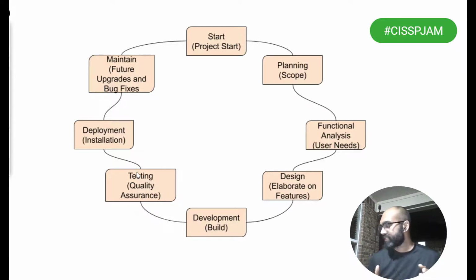Then your design phase is where you develop detailed design specs. If you ask a software developer, he'll tell you there's a high level design and a low level design. The high level design would be something like an algorithm, or a flow chart of what happens, before you actually start writing the code. High level design can include different modules.